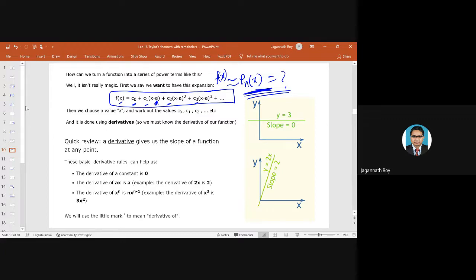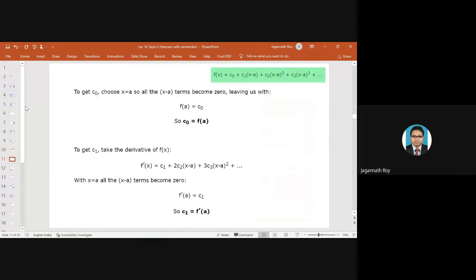So for that, let us see an example. y equals 3, the slope will be 0. But if y equals 2x, the slope will be 2. So what we do here is actually derivatives. We take the help of derivatives. Now, if you go back and check, this is our f.